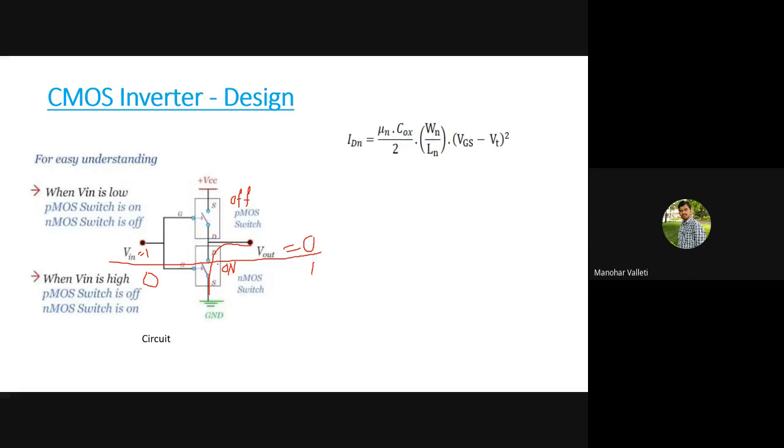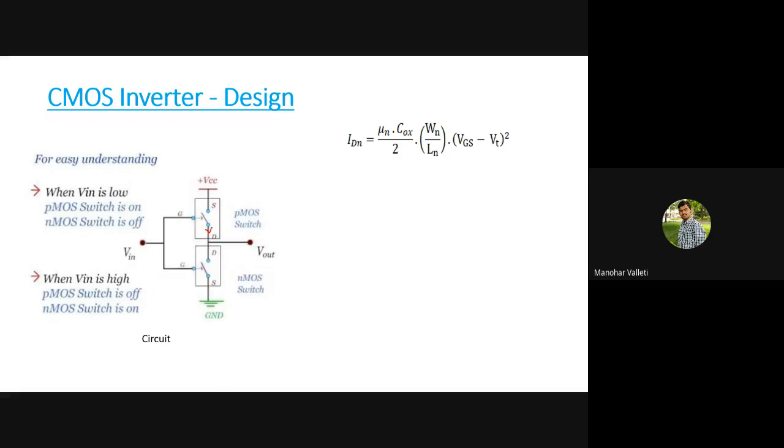So this is the drain current in an NMOS transistor, right? The drain current equation in an NMOS transistor. As I told you, now the design. I want you to just observe here. So this is the current, right?